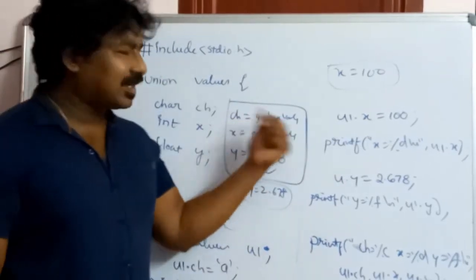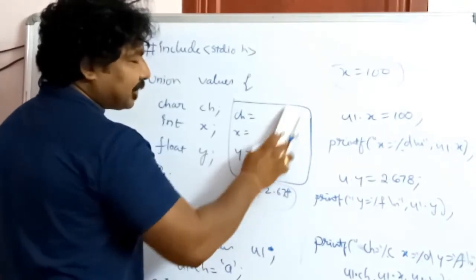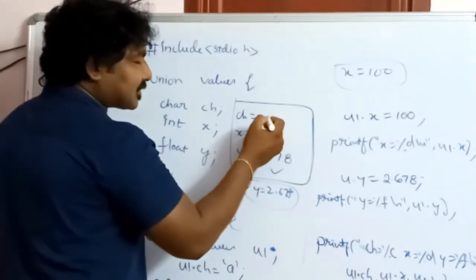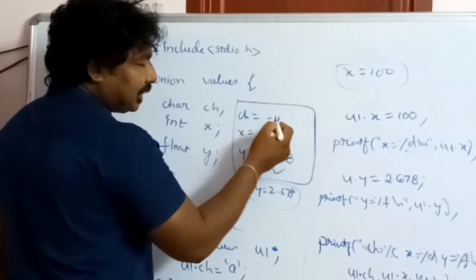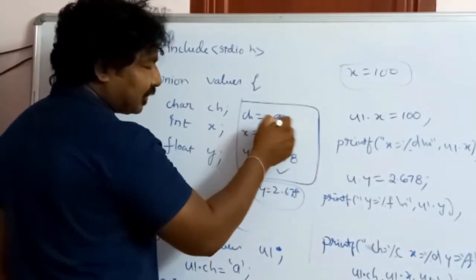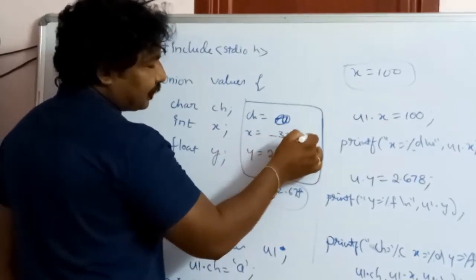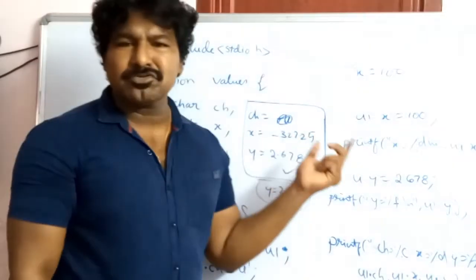So why is ch garbage? Garbage means any random value, like some kind of symbols appearing on the screen, or an ampersand, or something like minus 32.725, some value which is not applicable.